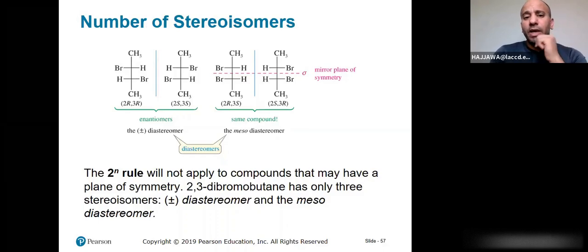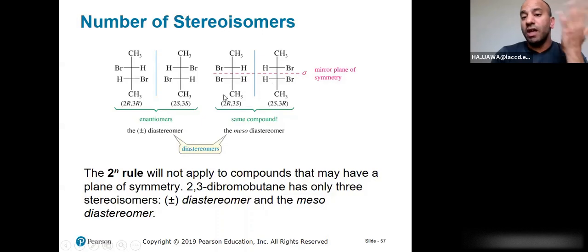So here are the examples that we were just looking at. In the Fischer projection, these 2 would be enantiomers. There is no plane of symmetry. But these 2 that you would think are enantiomers, because of the plane of symmetry, are actually the same compound. So they are meso. But every single one of those would be a diastereomer of any of these 2.